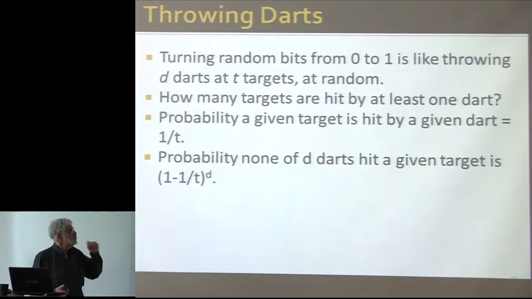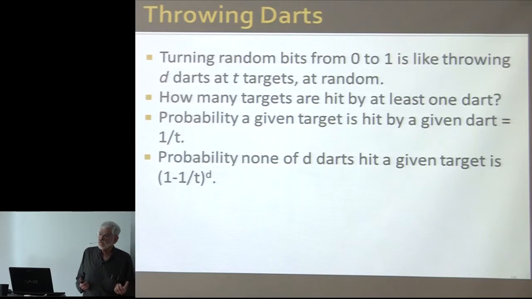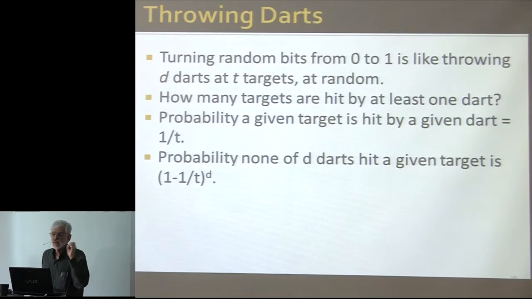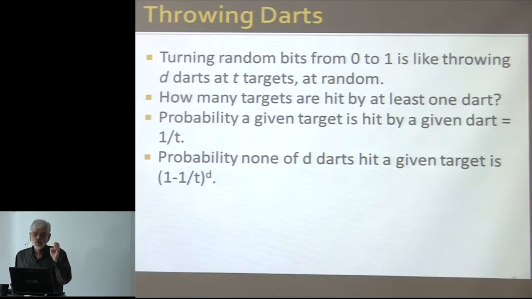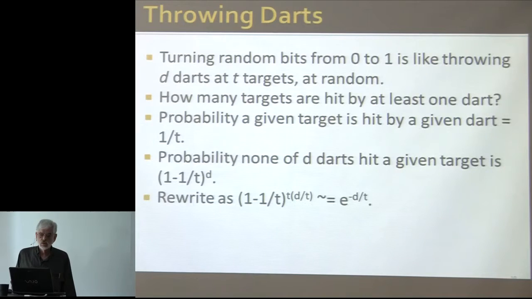It's 1 minus 1 over t. Well, that's the probability that one dart doesn't hit it. And again, because the darts are independent events, I raise that to the number of darts that I throw, and that gives me the probability that a target is not hit, or put it another way, that its 0 in the bit array stays 0.